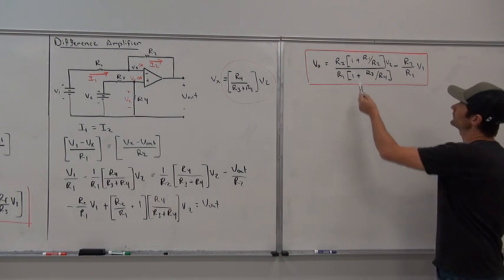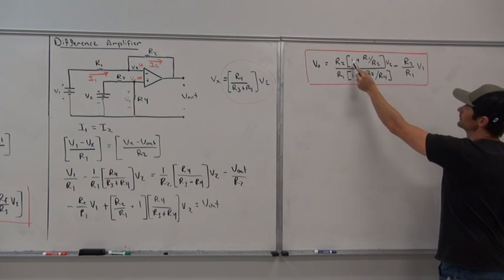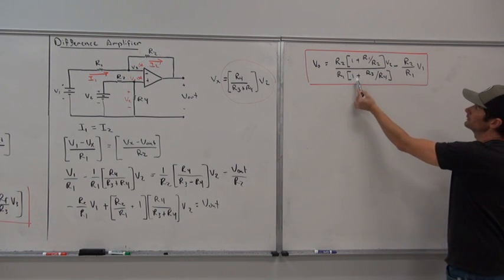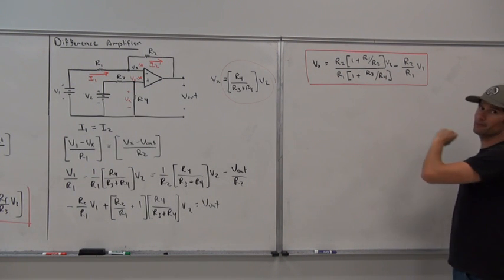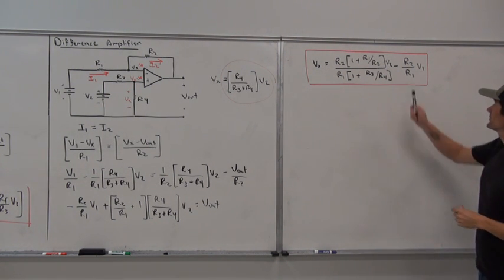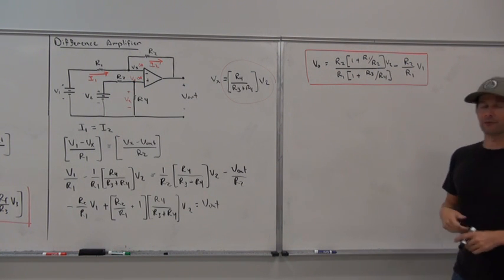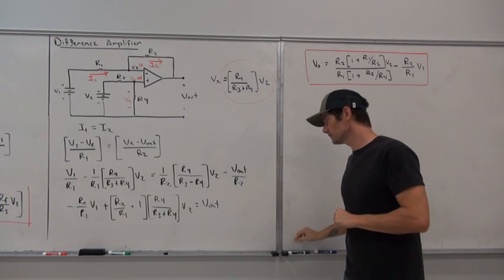And so in this case, in the numerator, 1 plus R1 over R2, divided by 1 plus R3 over R4. We multiply that by V2 voltage, subtract off R2 over R1 times V1, and that would actually give us the difference between those two voltages at the input.